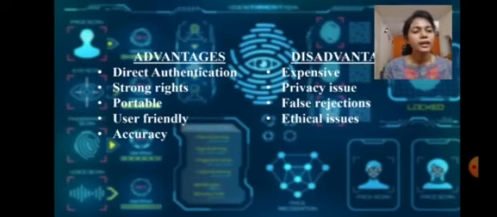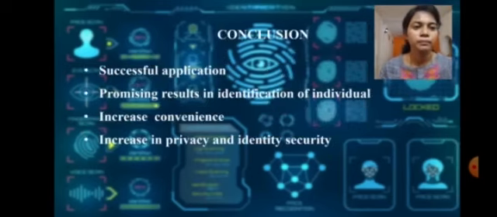In that case, the original user can be rejected because the biometric device is not able to identify it, since that person lost the features. So in that scenario, the biometric system may have false rejections. These are the few disadvantages that are being quoted in biometric systems.